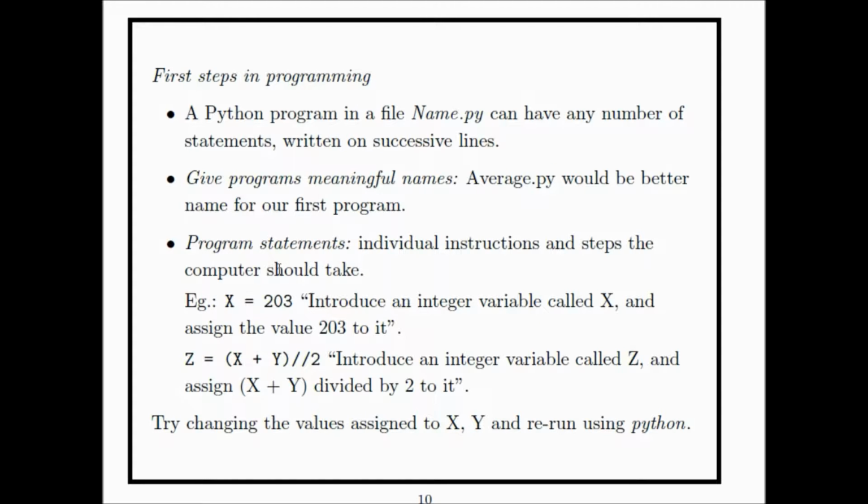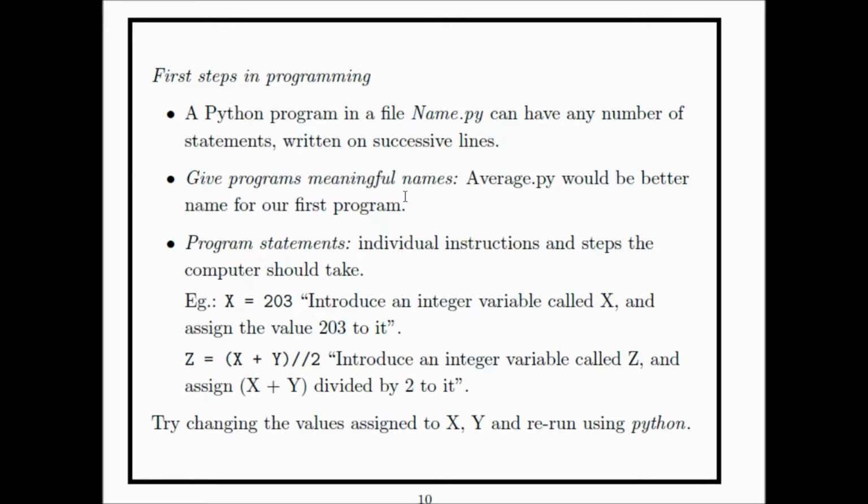Program statements, as we described, follow one after the other in the order in which they're going to be executed. x equals 203 means introduce a numeric variable called x and assign the value 203 to it, and z being x plus y divided by 2, introduce a variable called z and assign x plus y divided by 2 to it.